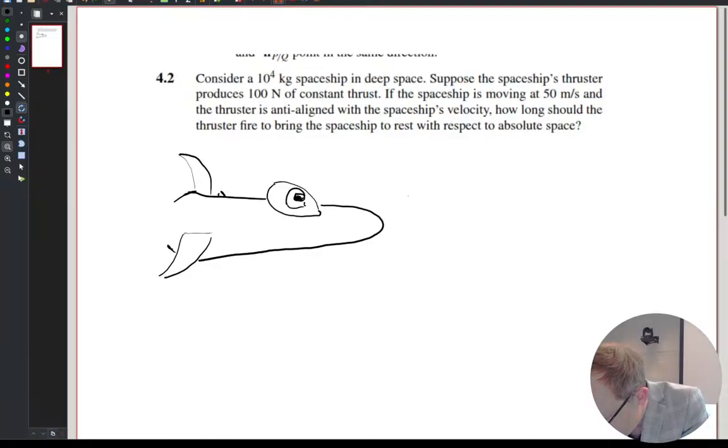There we go. But then we have this little forward thruster firing off anti-thrust.